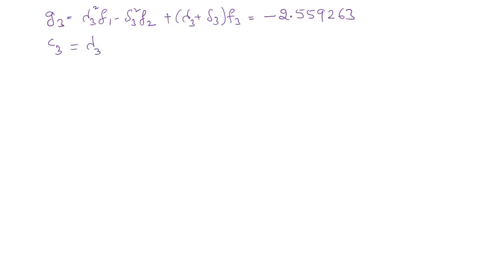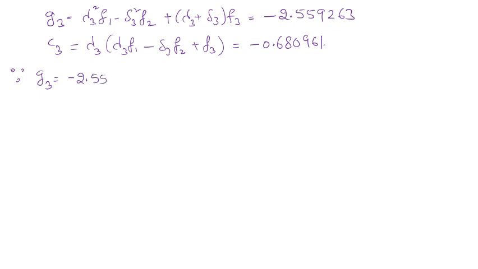What is the expression for C3? Lambda 3 F1 minus delta 3 F2 plus F3. After substituting every value, the value of C3 is 0.680961. Now, what is the G3 value? Minus 2.559263. It is negative.